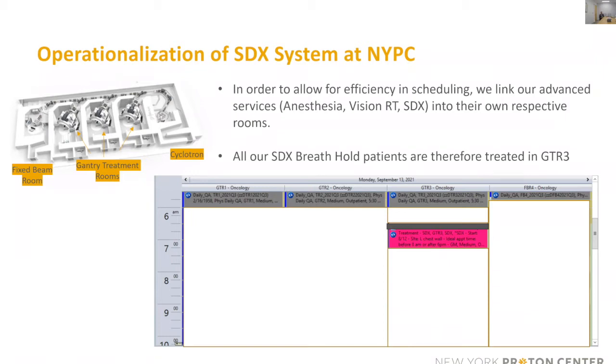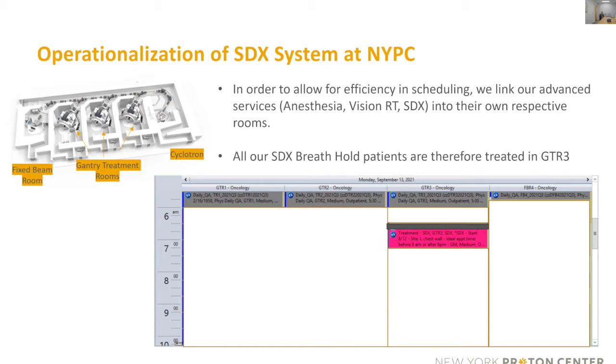But as you can appreciate, it does take some time to set up the system, both to activate and deactivate the system on a daily basis for each individual patient. And one of the ways of making that more efficient and obviously increasing throughput and comfort level for the therapists in each of the rooms is to dedicate gantry room 3, which is specific to us, to just SDX breath hold patients.